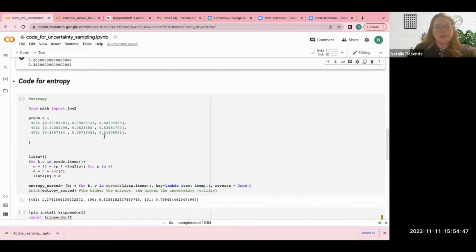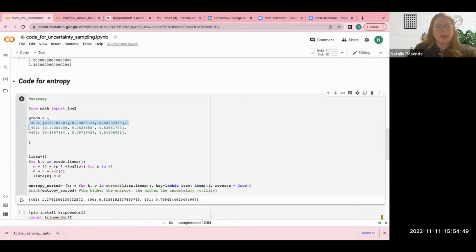And for the code for the entropy, we have here the probabilities associated with different instances, for example instances 400, 401, and 402.